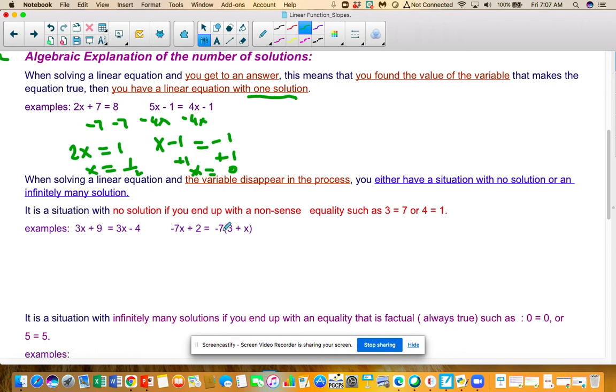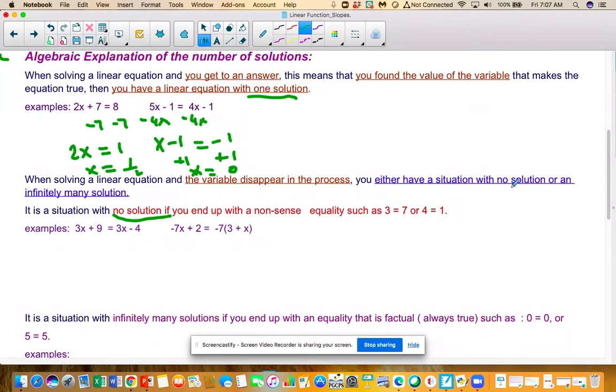So let's move forward. Now, when we are solving a linear equation of one variable and the variables disappear algebraically, that is telling us that we have either of the following situations. Either we have no solution, or we have infinitely many solutions.